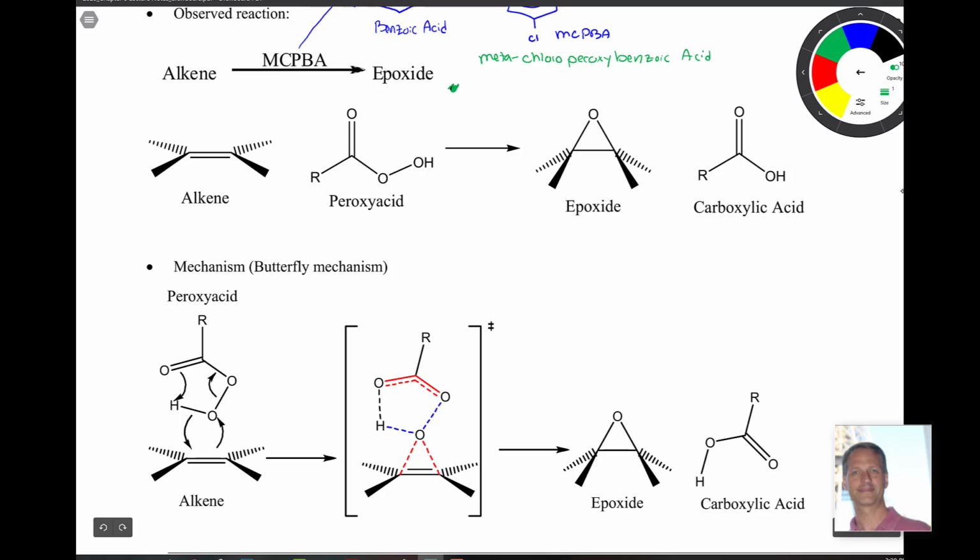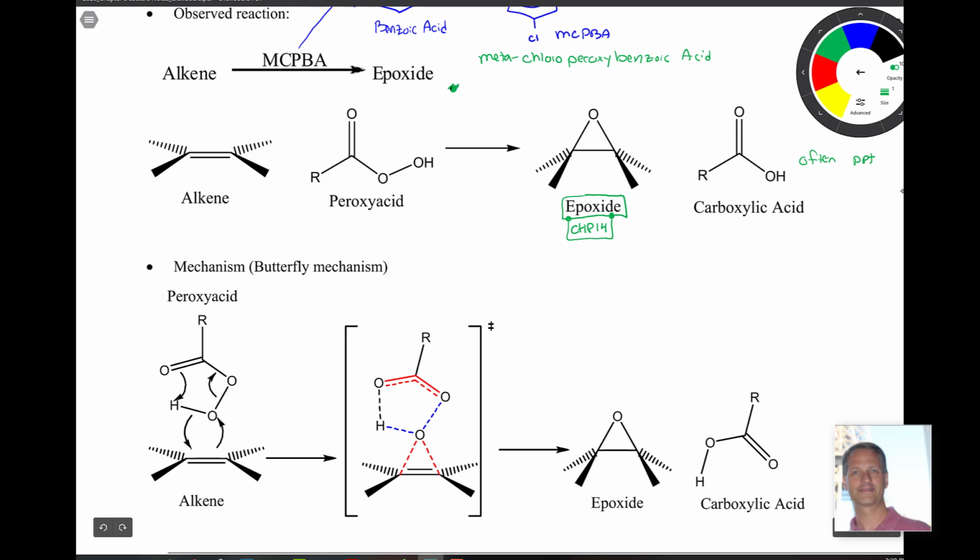An alkene and a peroxy acid give you this thing called an epoxide. We want to know what epoxides are. Epoxides are going to show up again in chapter 14, and they can open up under two conditions, acidic or basic conditions. And then you get a carboxylic acid, and this is often a precipitate.